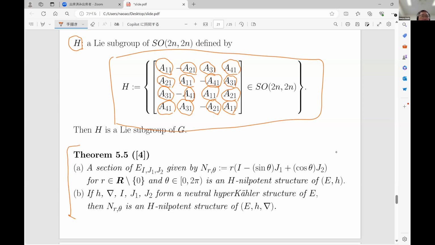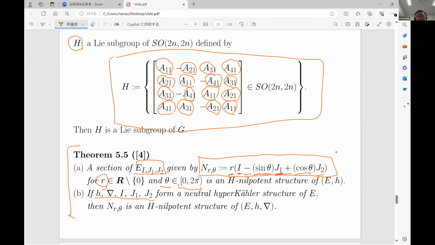We obtain this theorem. A section of this quaternionic structure given by N r theta, small r, complex structure I minus sine theta paracomplex structure J1 plus cosine theta the other paracomplex structure J2, for small r a non-zero real number and theta in this interval, is an H-nilpotent structure of EH.